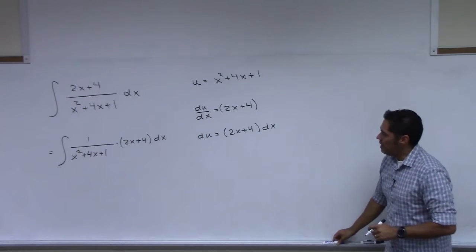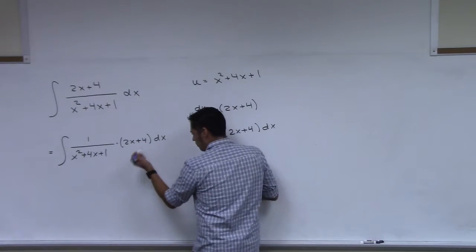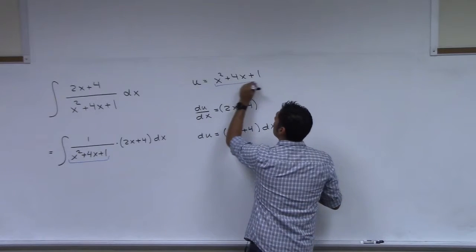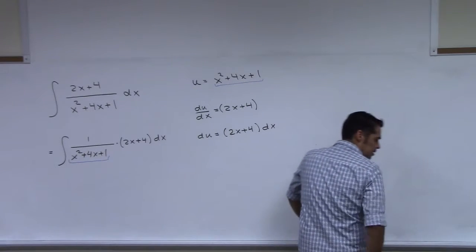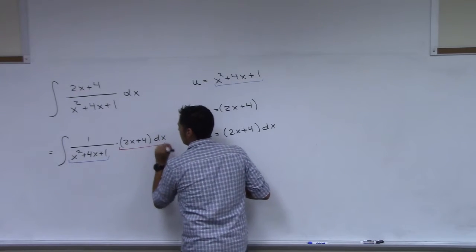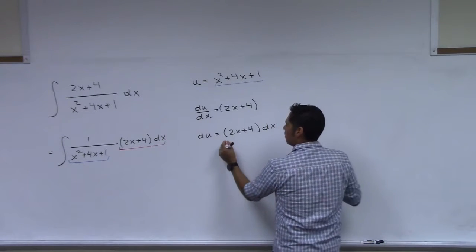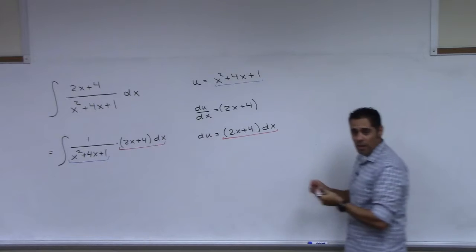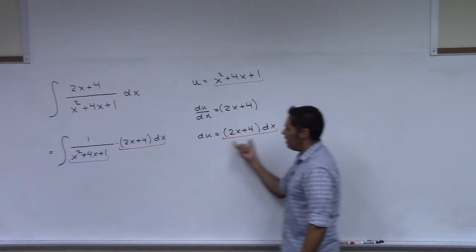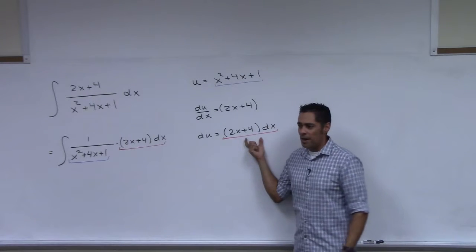And it's helpful to see that because we're trying to match things up. We already know we're going to call that u, right? And so all we really need to do is figure out how we can replace this. And look at that. It's there, right? It's right there staring at you. You don't even have to do anything to it, right?